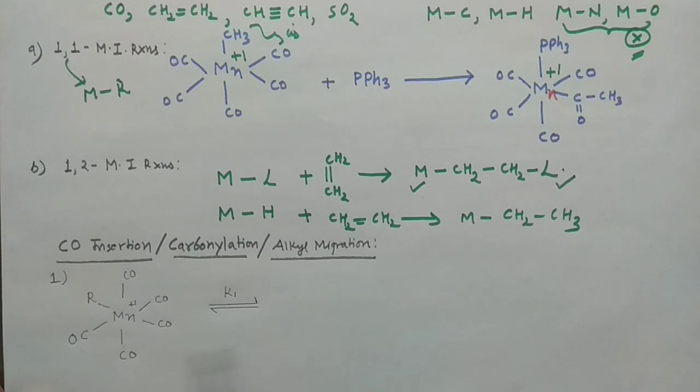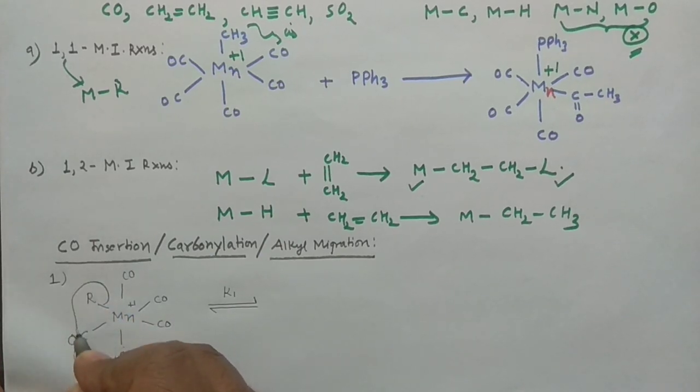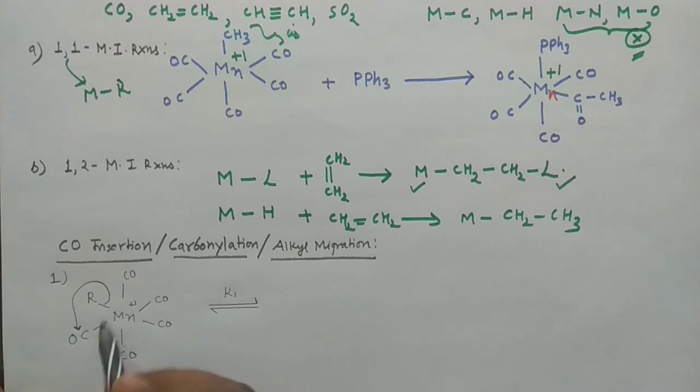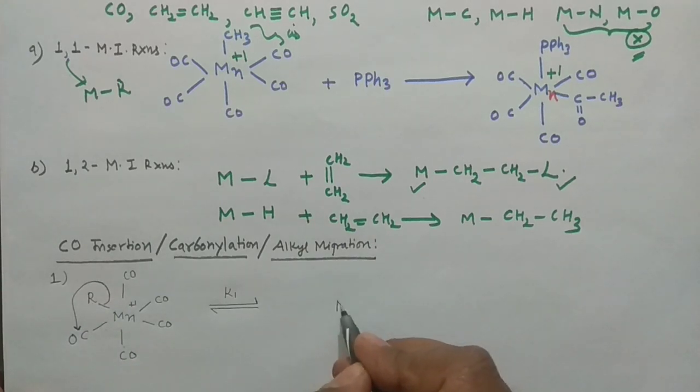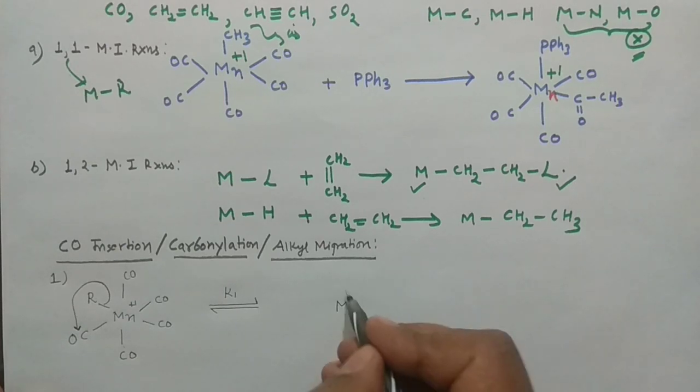So what will happen in that case? Say this R is migrating, and for your convenience, I am migrating this R to this particular position, because they have the 90-degree, cis relationship, and then you will have, say, your manganese, right?